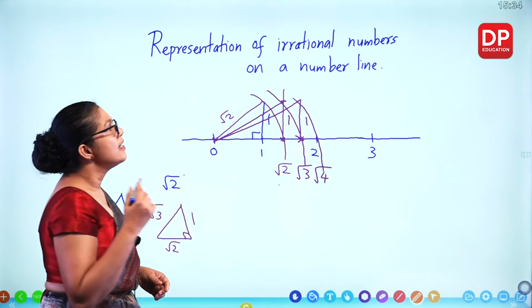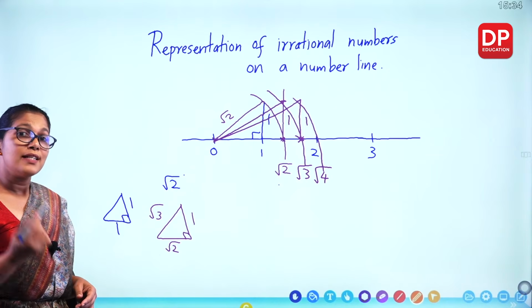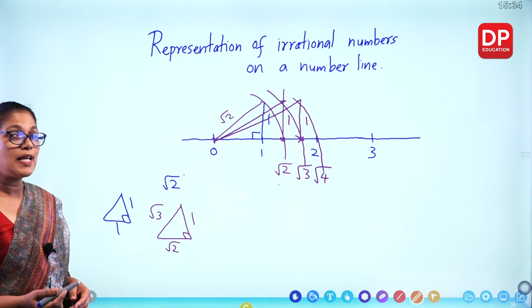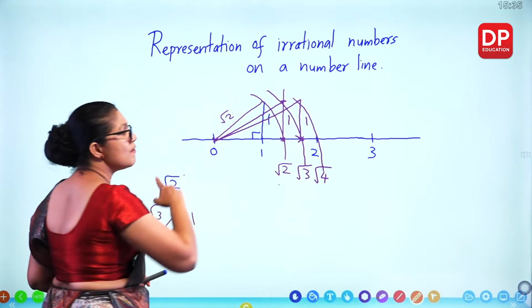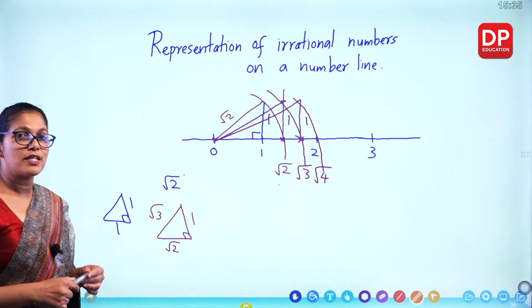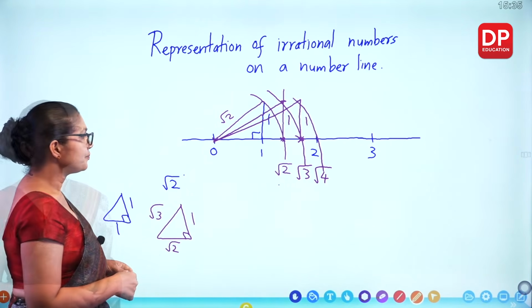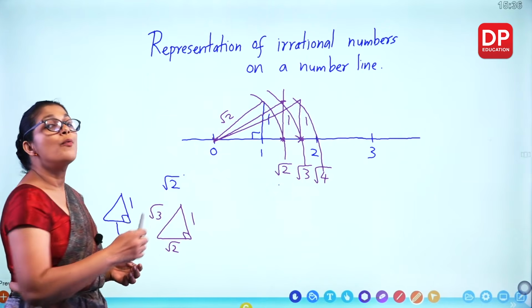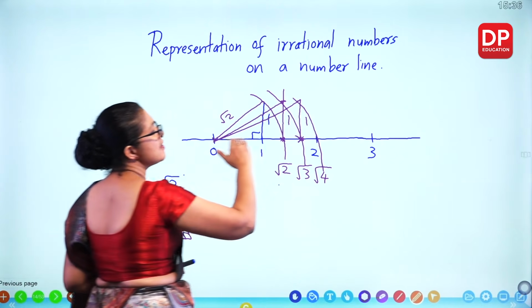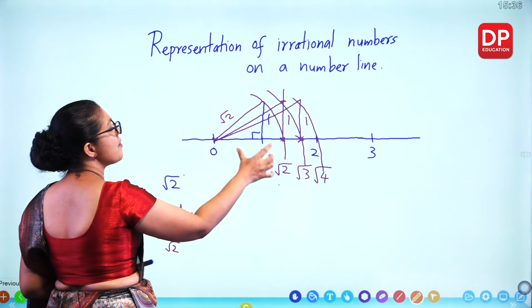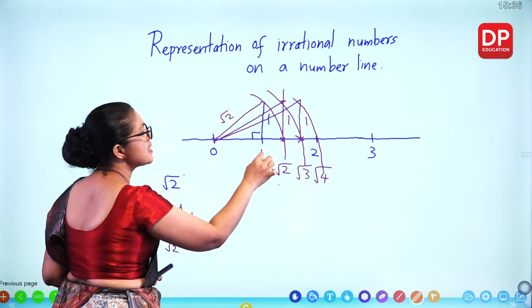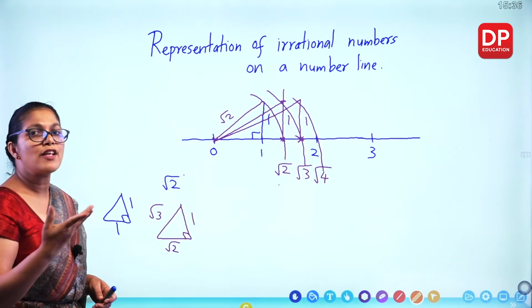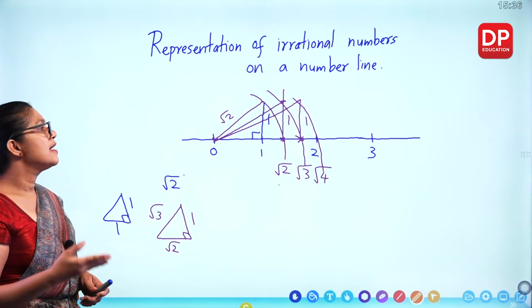So here, what then are rational numbers? If we can draw on a number line, we call those rational numbers. So now we saw that if this is a number line, we can represent irrational numbers. We can represent integers or natural numbers, counting numbers.